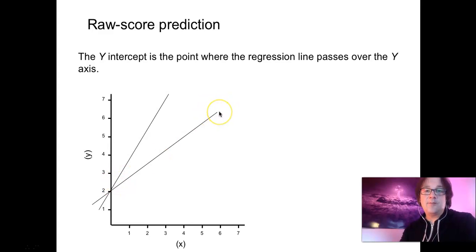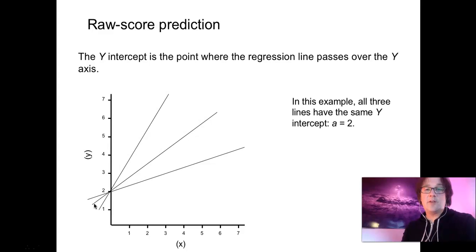Well, what about this line? That line also looks like it's crossing over at 2, right? It looks like where it intercepts the y-axis is at 2. That line looks like it's crossing over at 2 as well, right? So in all 3 of these lines, they all have the same y-intercept, or the same value for a, and that is 2.